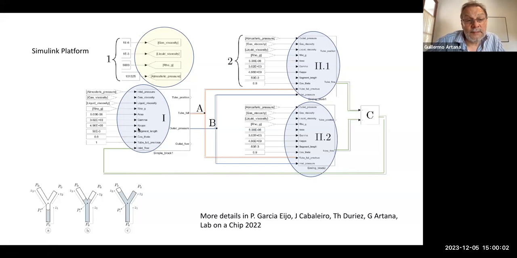First, you have to describe the fluid you are using, and for each of these branches you will have a module, and you have to link these modules. Module 1 is linked to modules 2 and 3, and this is done directly in a graphical system.